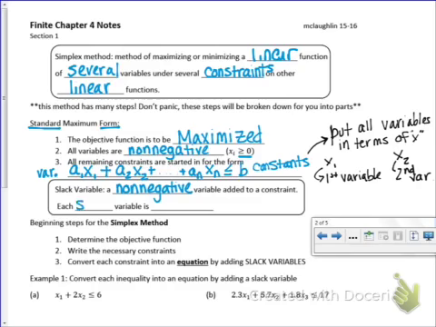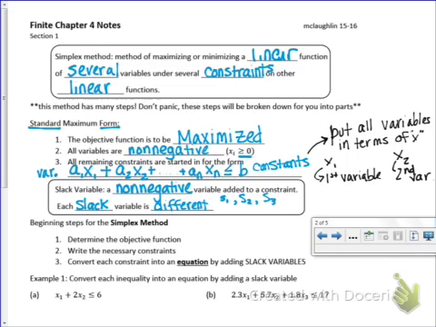Each slack variable is different. So we'll add maybe S1 to the first equation, and then S2 to the second equation, and S3 to the third equation, and so on. And all they're going to do is help us move from an inequality to an equation.